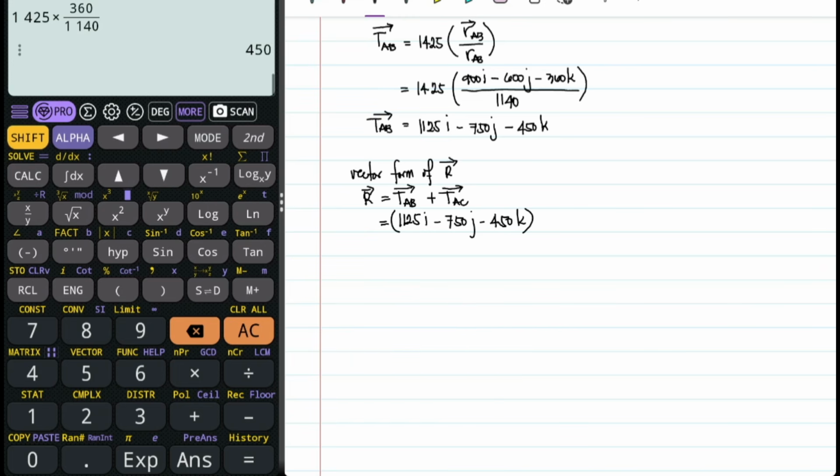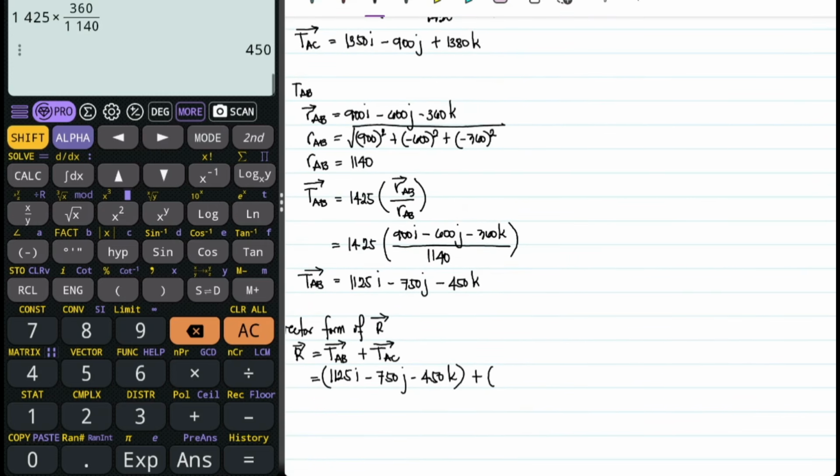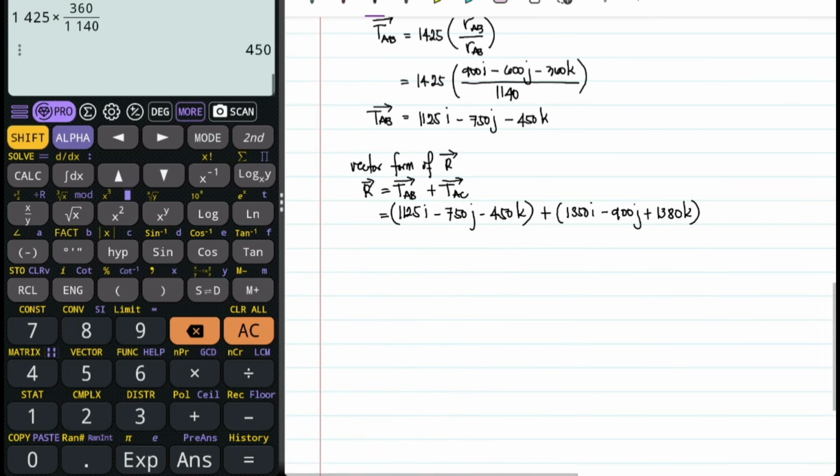That's the entire tension AB, plus 1350I minus 900J plus 1380K. That also is the entire tension AC.